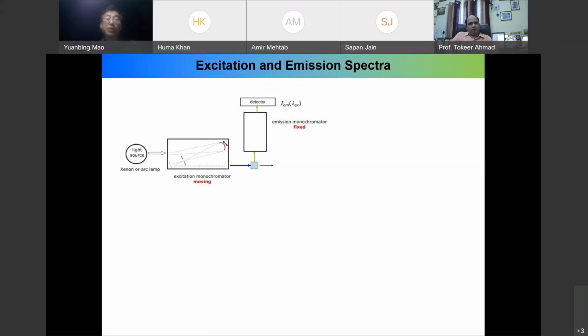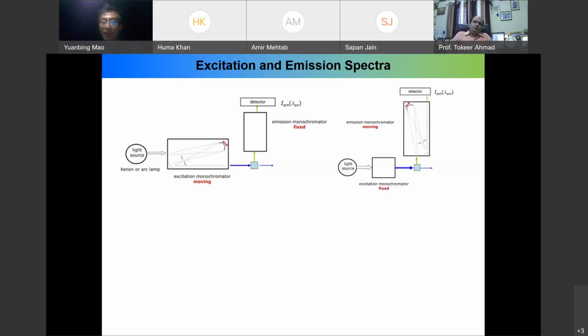We also can use specific lasers as a light source. And tomorrow when I talk about up-conversion, those types of processes, we normally use a laser. So that is about the excitation spectrum.